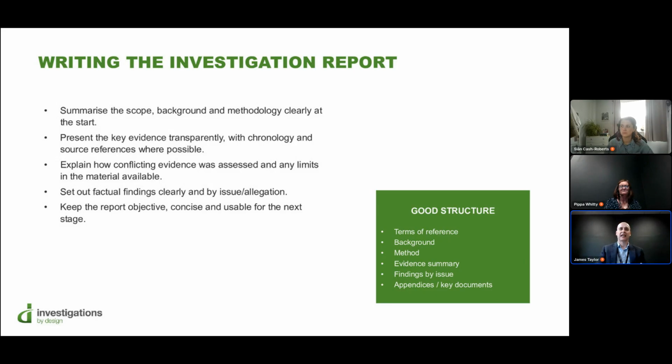So again, we talk about the role and the themes running through here, and it's important to preserve this, because the purpose of the investigation and the investigator is not to decide culpability or to impose outcomes. The investigator's role is to set out the factual findings based on the evidence gathered, so that the decision maker can understand what happened and what remains in dispute.